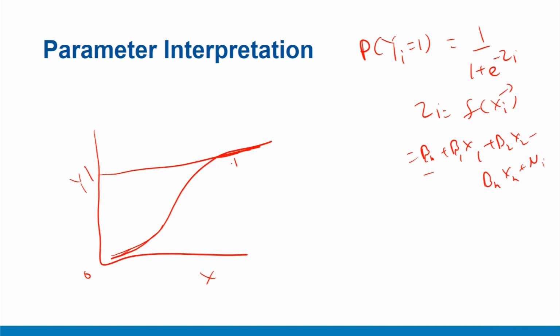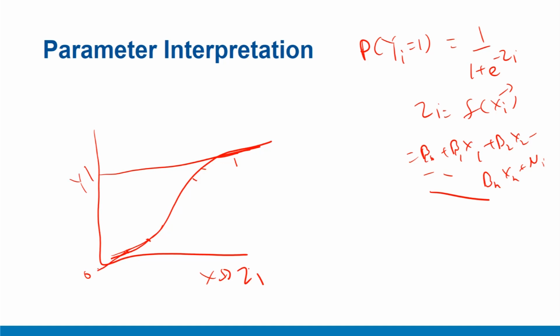Now such behavior, which is non-linear in nature, requires high school mathematics to understand that the impact of zi on yi varies. Here this x essentially captures the dynamics of zi, which is this function. So here the impact of zi on yi varies depending upon where you are on this zi.